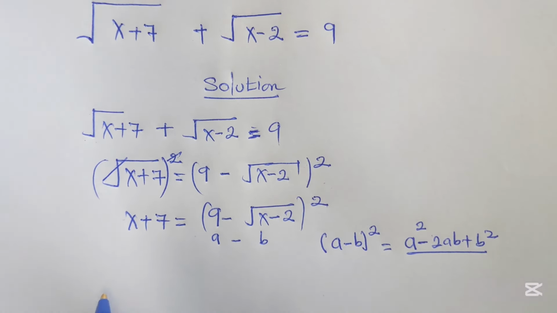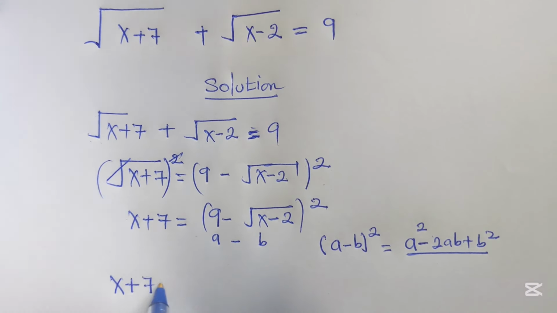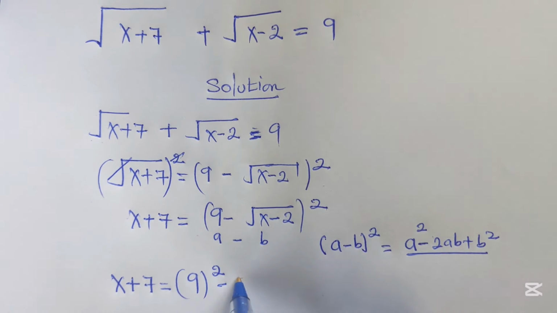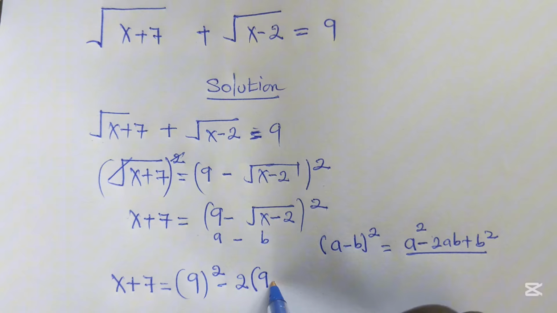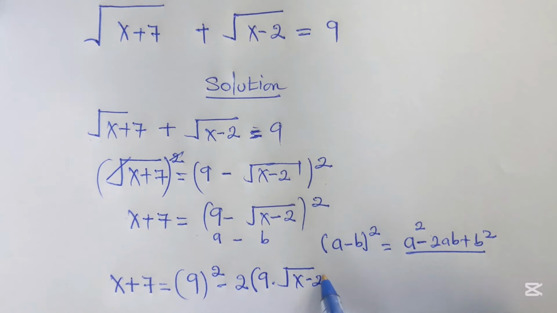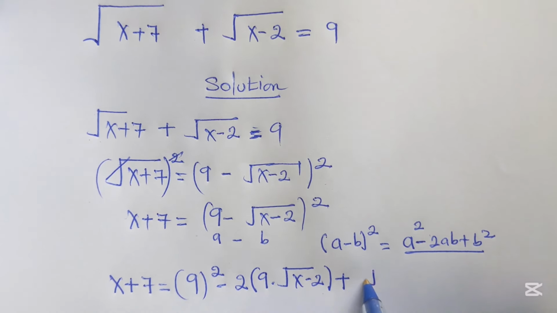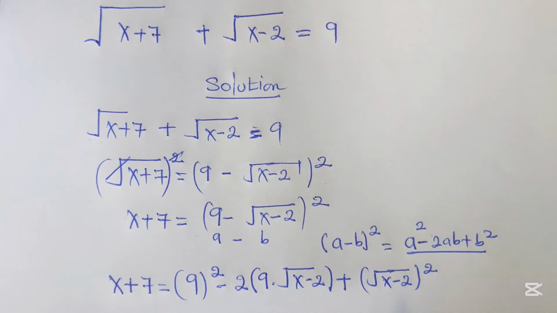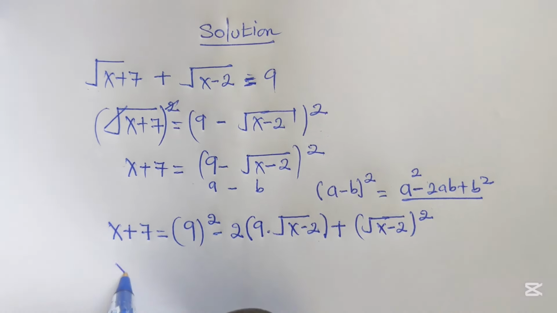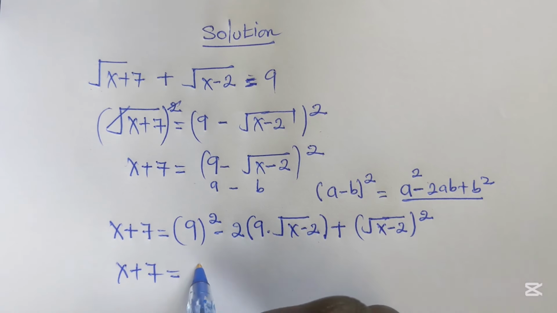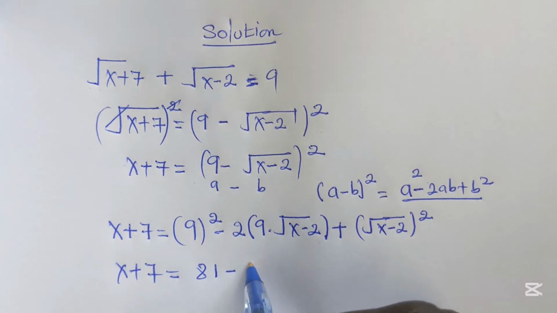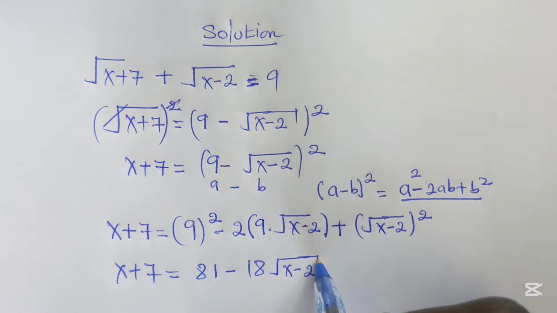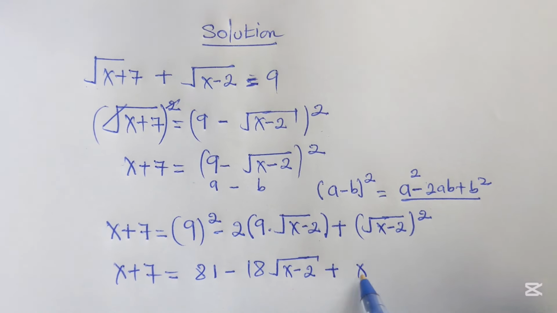Then here we have x plus 7 equals 9 squared minus 2 times 9 times the square root of x minus 2, plus square root of x minus 2 squared. Now x plus 7 equals 81 minus 18 square root of x minus 2, then plus x minus 2.